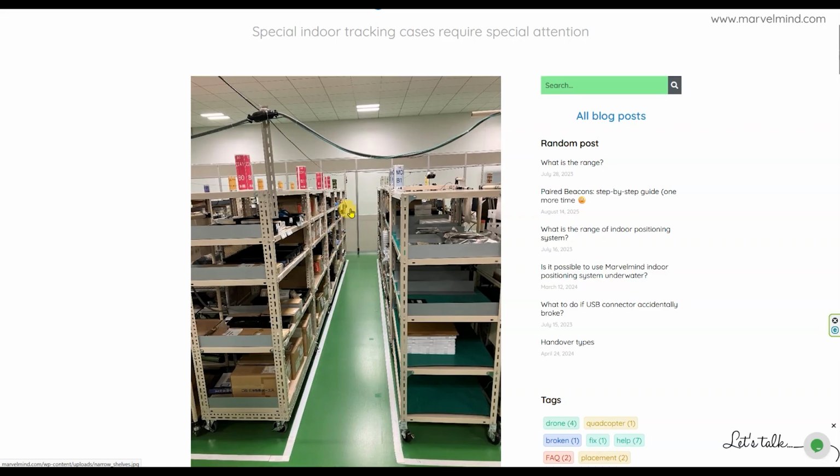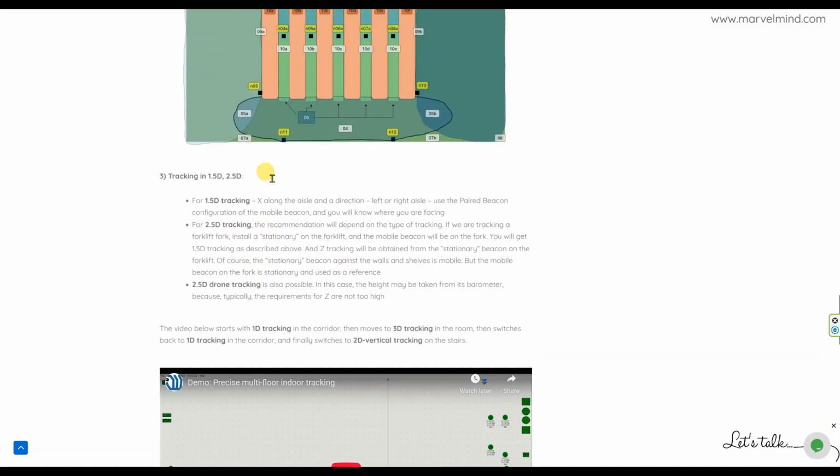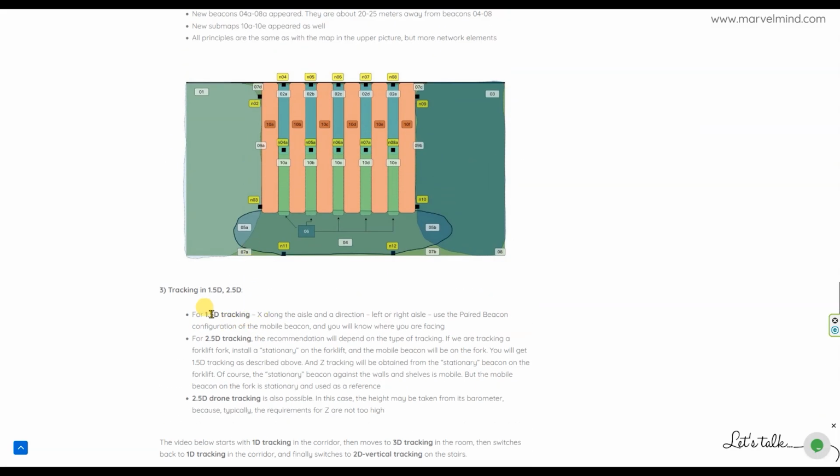And for drones, typically you don't care about this. You care not to kill the drone by touching with the propellers and crashing the drone. Okay, there was some technical interruption. So with 5.2, drone tracking is still possible. 1.5 is the same.